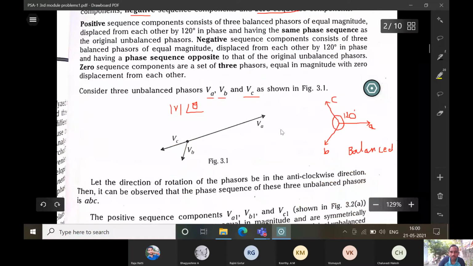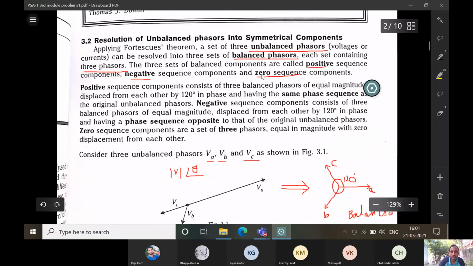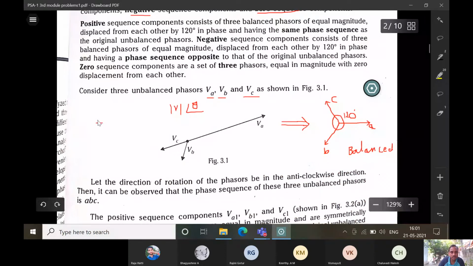Suppose we need to convert this unbalanced phasor into a balanced system; we require symmetrical components, or sequence components. They are the positive sequence component, negative sequence component and zero sequence component.